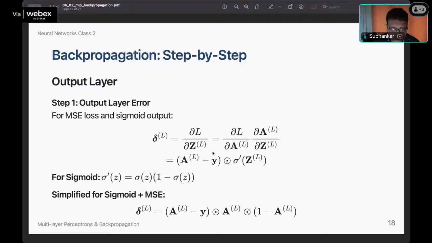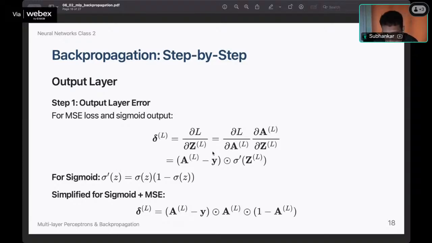Now, for example, say the output layer is there. If you have MSE loss and sigmoid output, we want to find delta L, the derivative of L with respect to Z of L. With the chain rule, that becomes del L by del A into del A by del Z. Del L by del A will be one value, and del A by del Z will be another value.